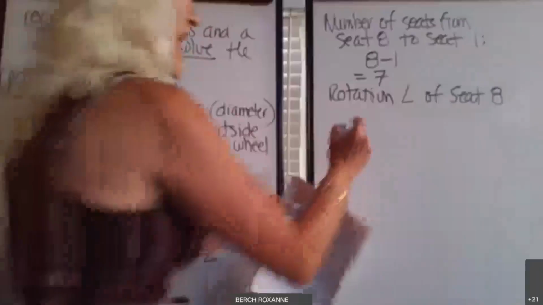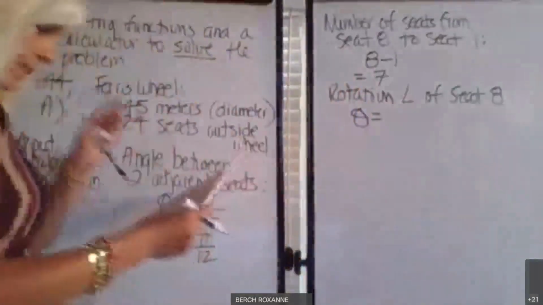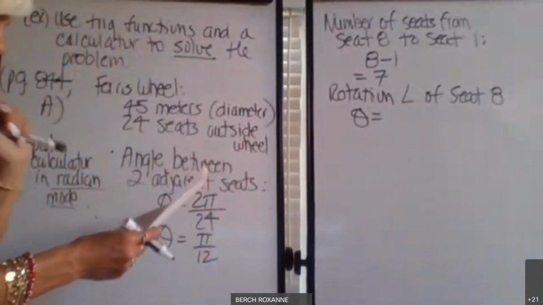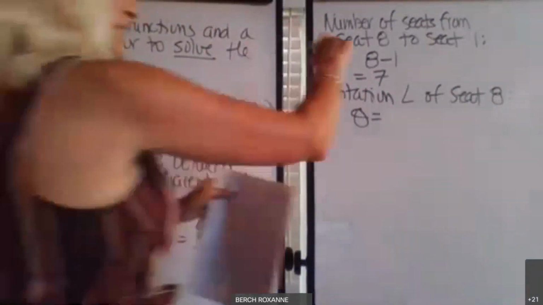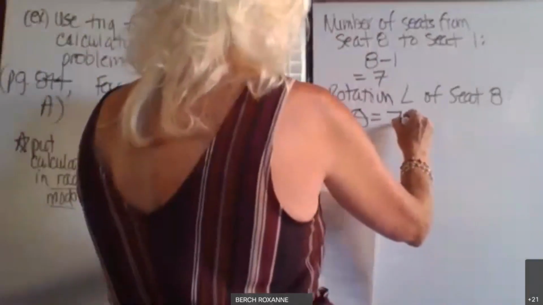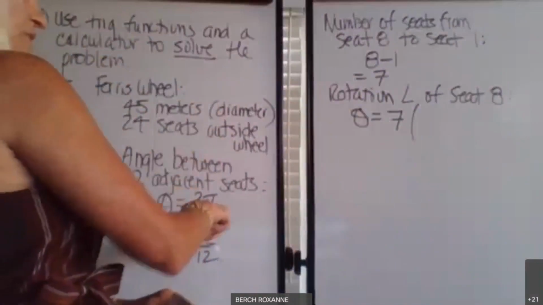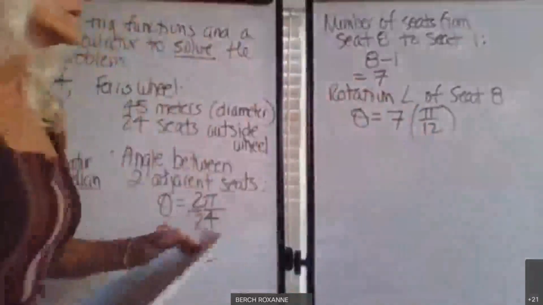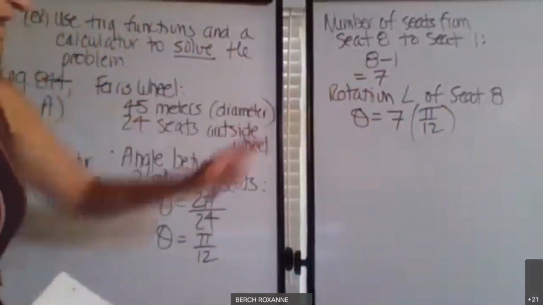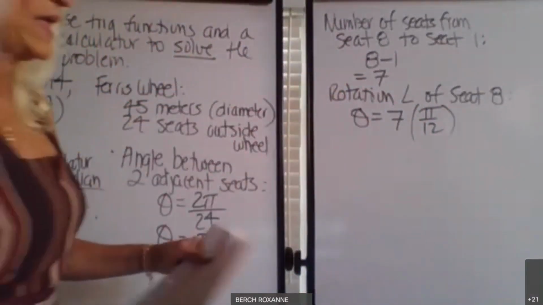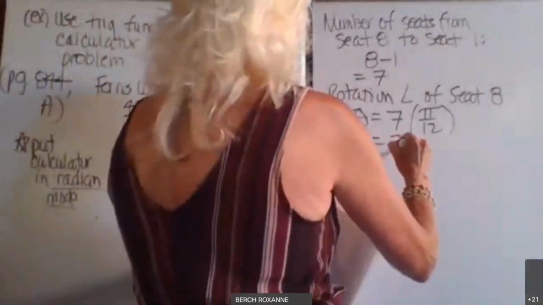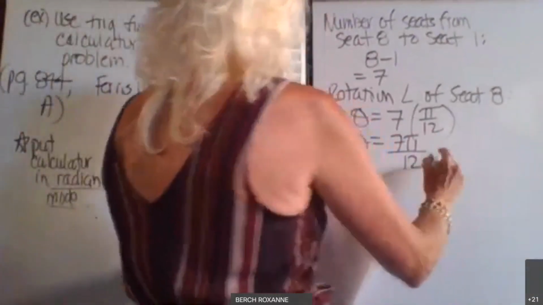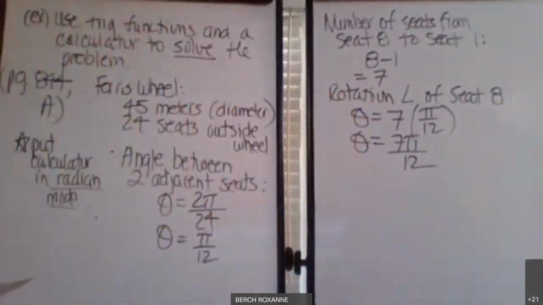We take 7 times the angle between the two seats, which is pi over 12. So that's 7 times pi over 12, and we get an angle of 7 pi over 12 radians.